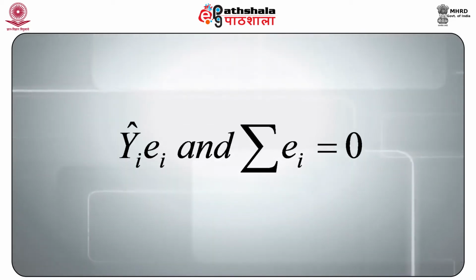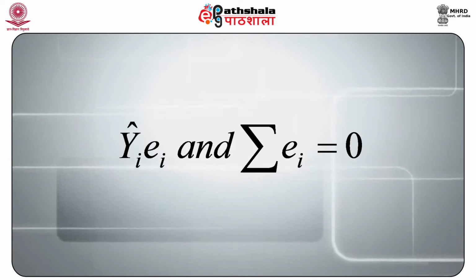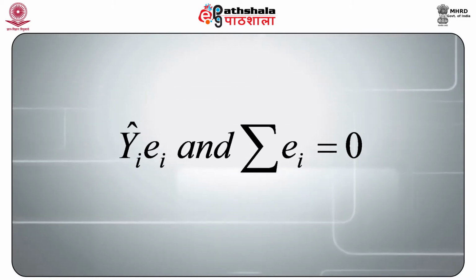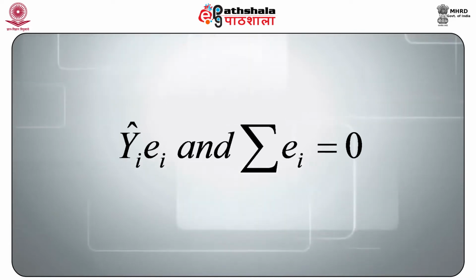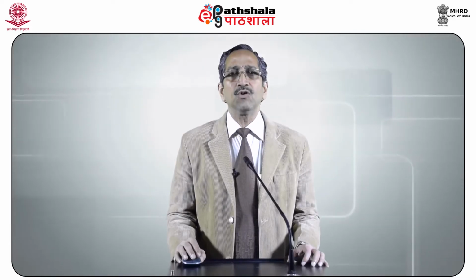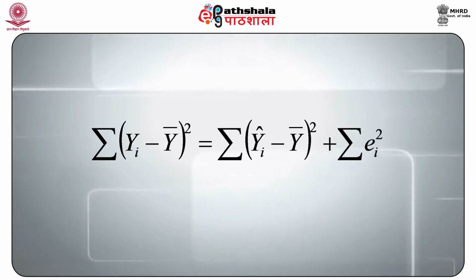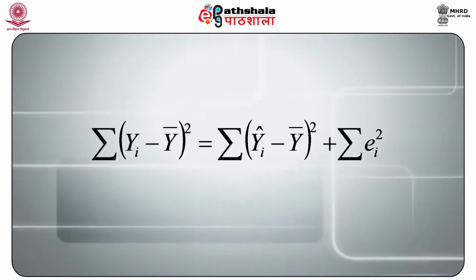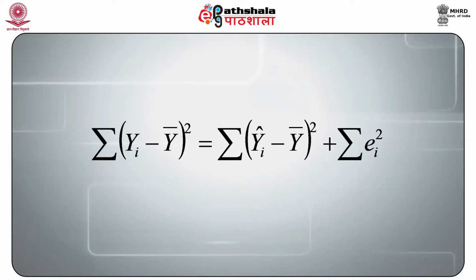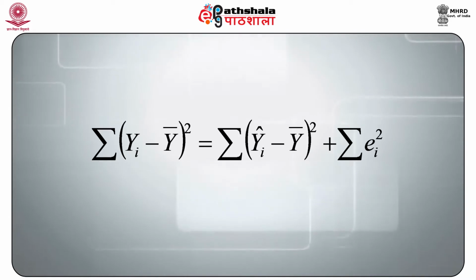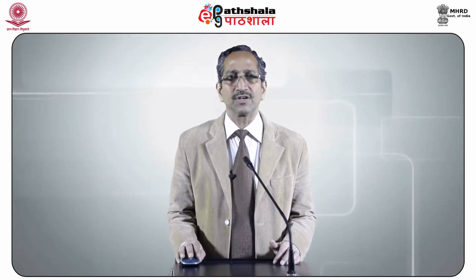As summation yi hat ei and summation ei are equal to 0 as per the assumptions of the classical linear regression model, what we now obtain is summation (yi minus y bar) square equal to summation (yi hat minus y bar) square plus summation ei square. Now this is our equation 7.